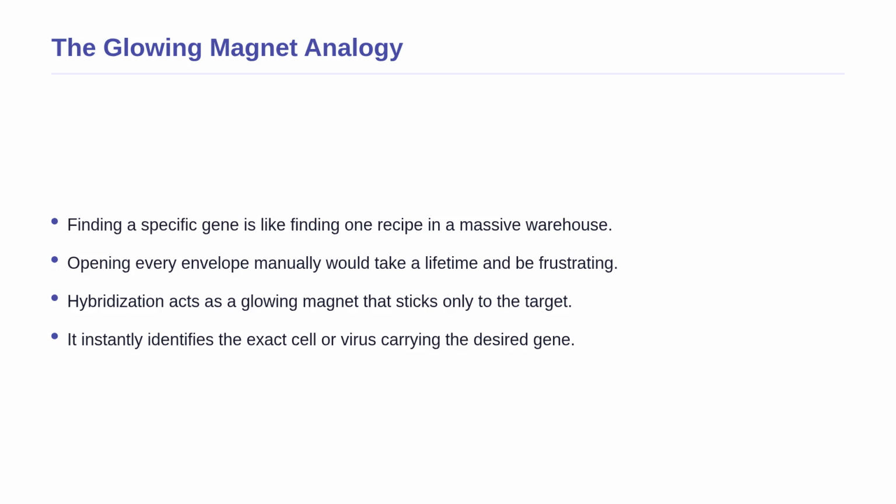You could just toss the magnet into the warehouse, turn off the lights, and look for the glow to find your recipe instantly. In genetic engineering, when we create a library of DNA, we end up with thousands of bacterial colonies or viral plaques. Colony and plaque hybridization is exactly like that glowing magnet, allowing us to instantly spot our target without testing every single one manually.